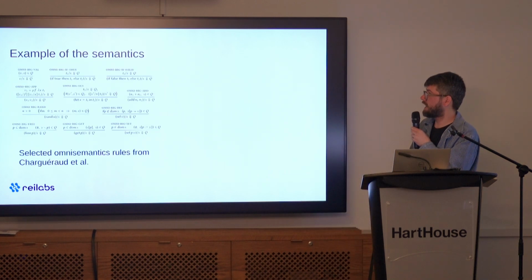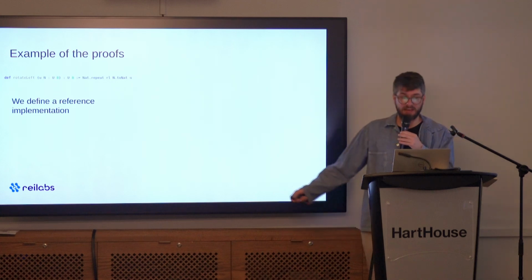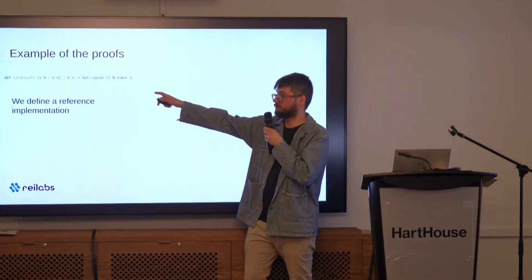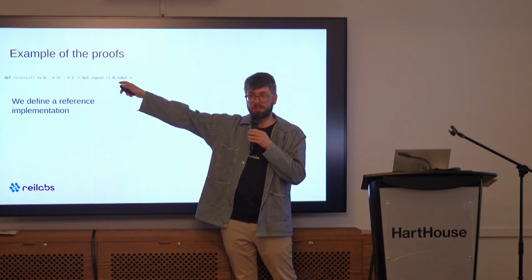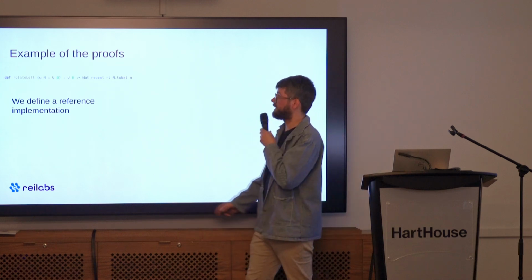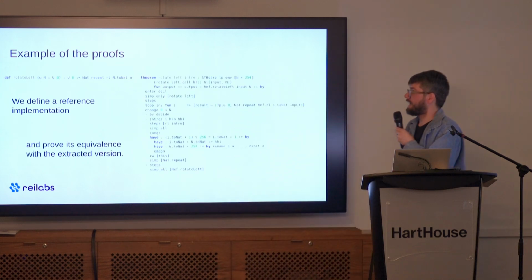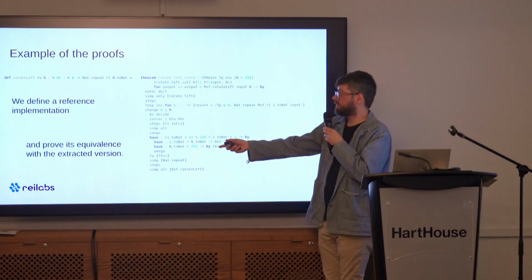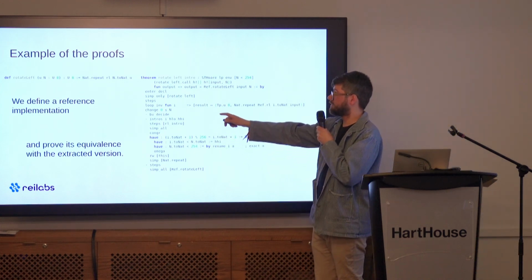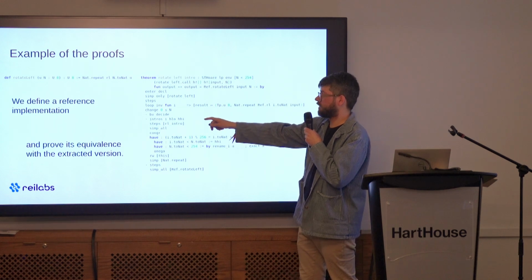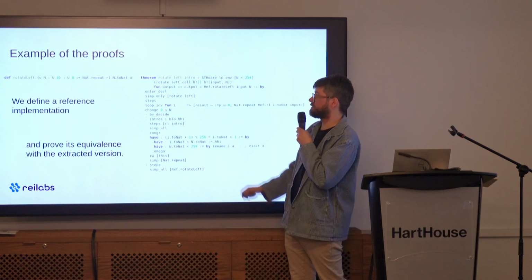In this example proof, this is now Lean code, just a straight up declaration in Lean. I'm repeating this RL function n times. And here's a proof that the extracted Lean code, or the extracted DSL, matches this reference implementation.